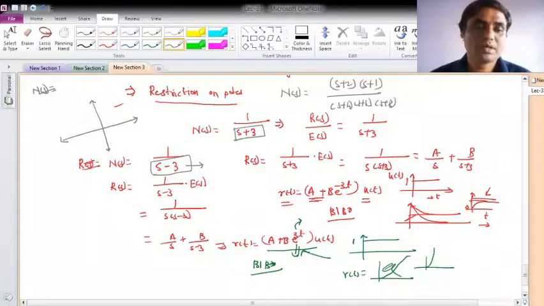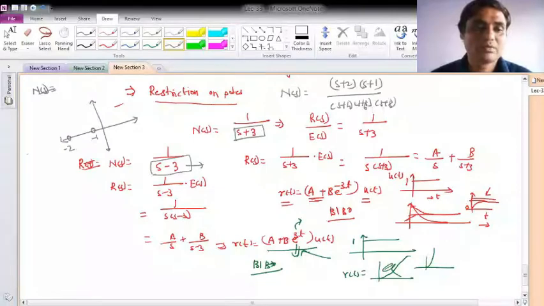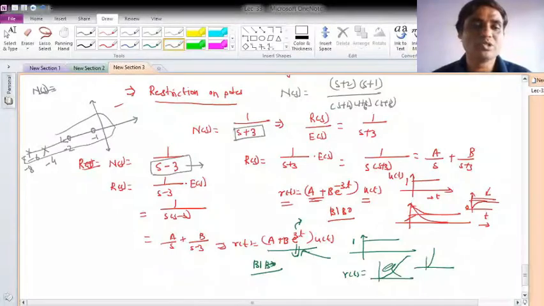So at minus 1 there is a 0, at minus 2 there is a 0, then at minus 4, minus 6 and minus 8 there are poles, represented with a cross. This is called a pole zero plot.